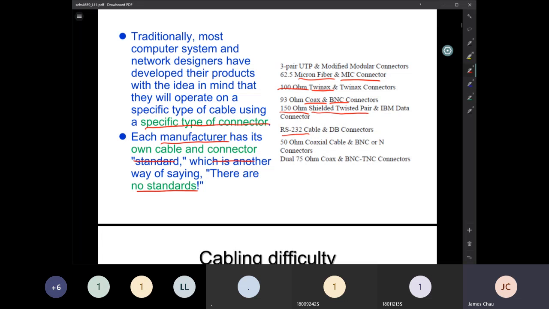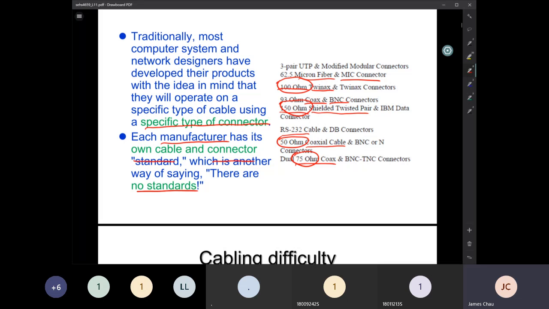We have the 50 ohm coaxial cable, and also the 75 ohm coaxial cable. Now you can see that the cable may specify the resistance because it helps the designer to do impedance matching in order to maximize the power transfer to the system.